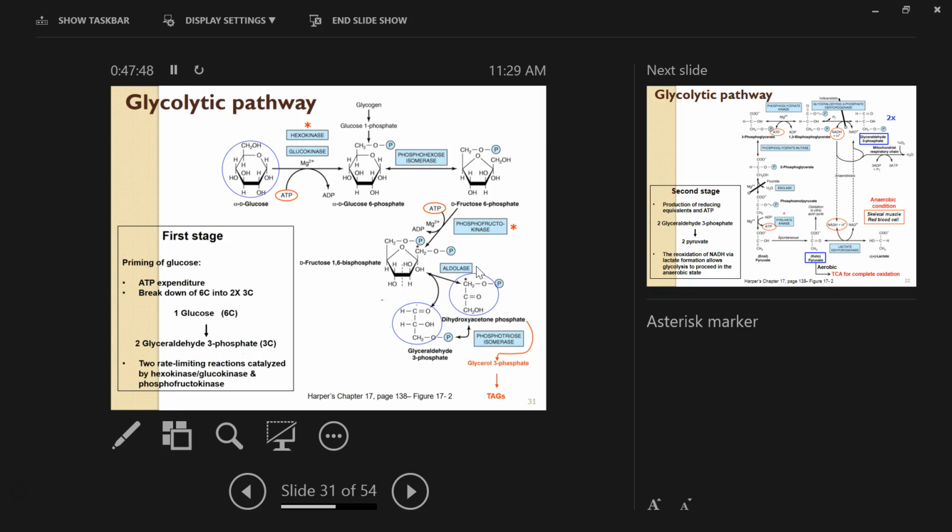This reaction also utilizes 1 ATP, and it generates the two 3-carbon intermediates. So again, these are the 2 rate-limiting reactions, and they consume 2 ATPs during the first stage. Let's take a 10-minute break, right?